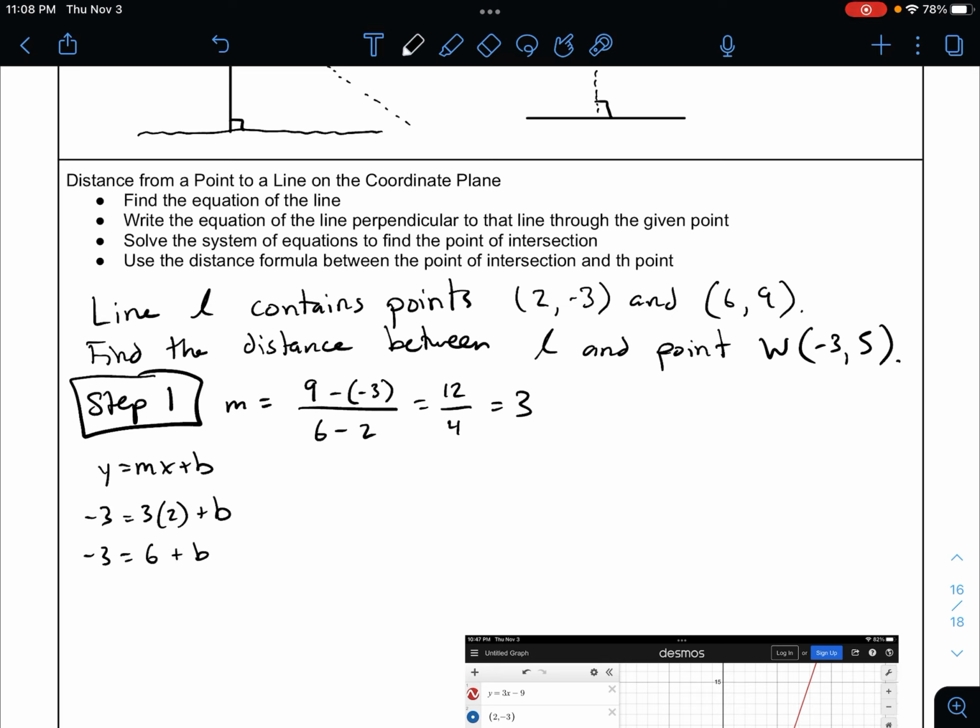When we subtract the 6, we get -9. So -9 is b. Overall, my equation of line L is y equals 3x minus 9. That's the equation for line L.